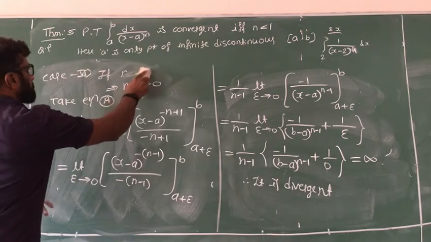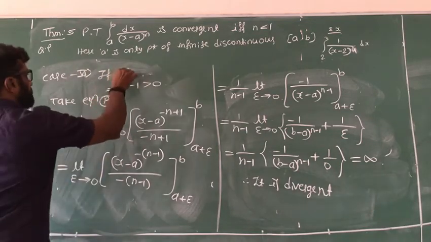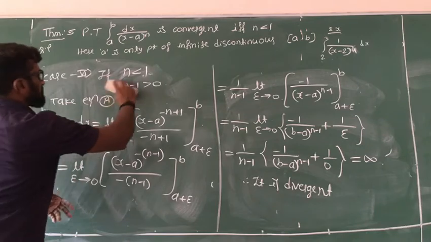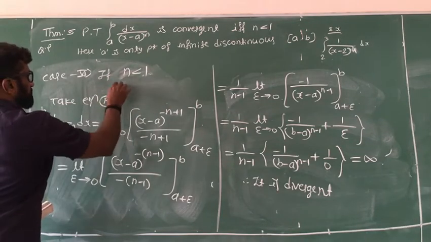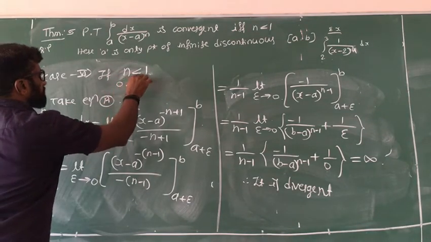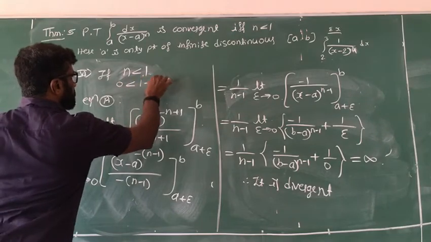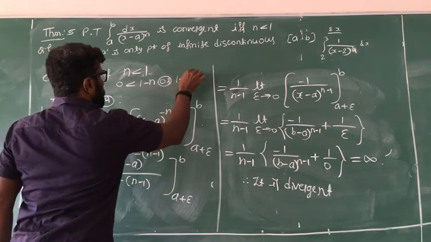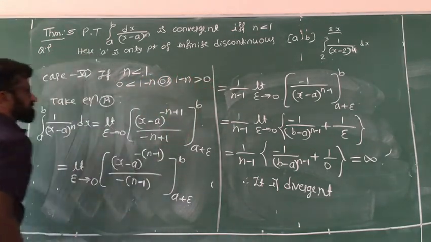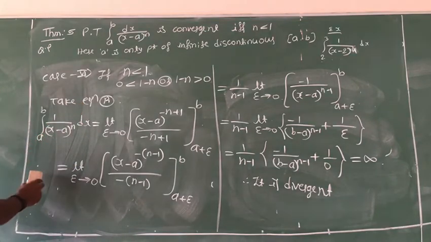If n is less than 1, then I can write 1 minus n is greater than 0. So take equation A, and I can rewrite like this.